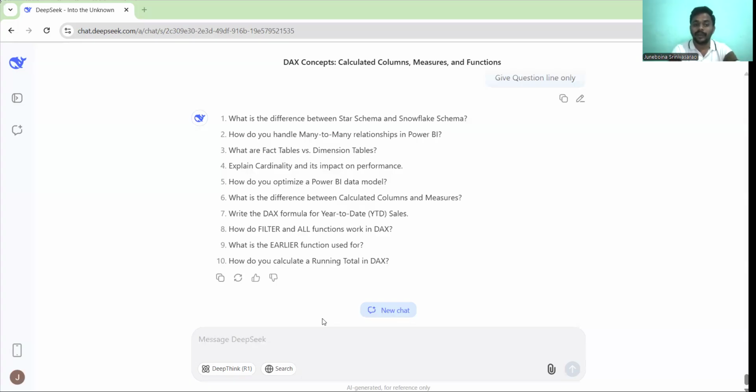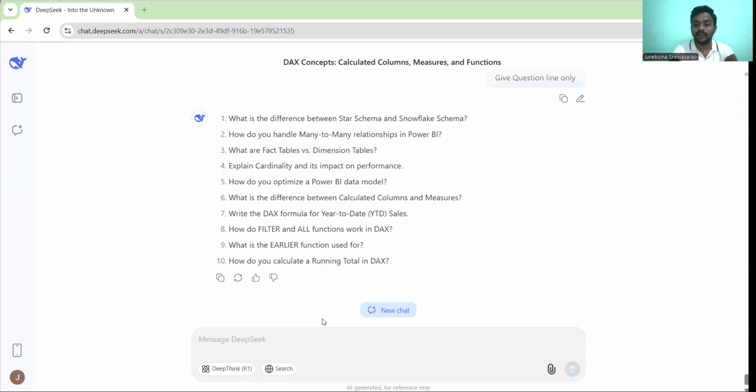The example formula for the EARLIER function for selecting the second highest salary is CALCULATE of MAX of sales of amount, comma, FILTER of ALL of sales, comma, sales of order date less than EARLIER of sales of order date. It gives the second highest salary in the sales table by using the EARLIER function.